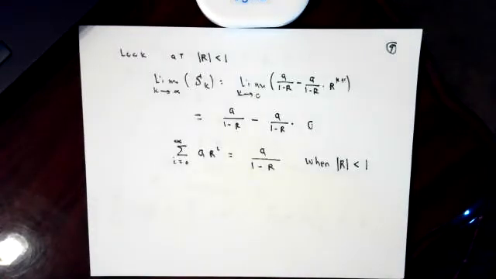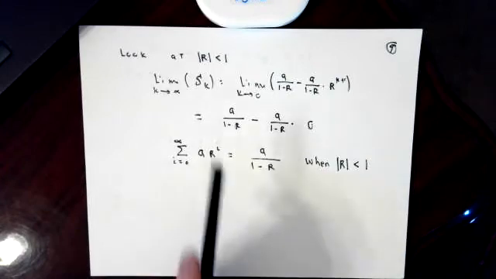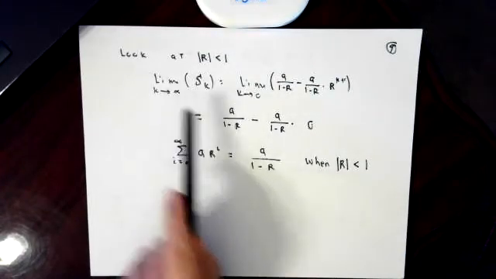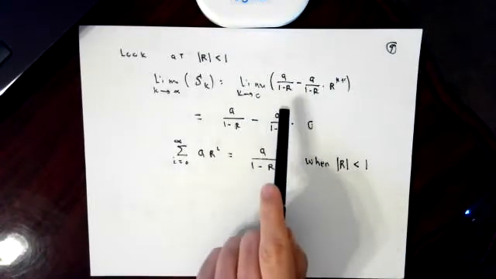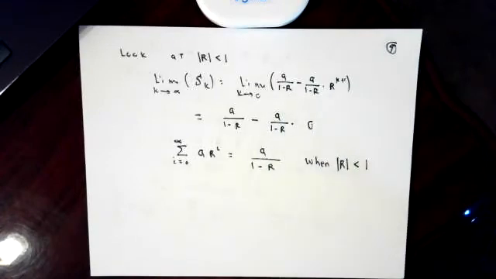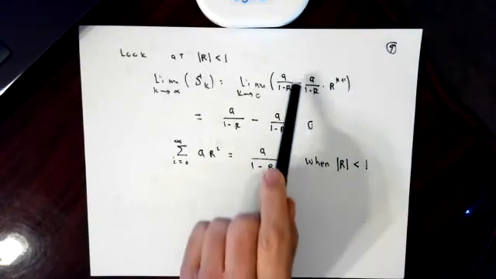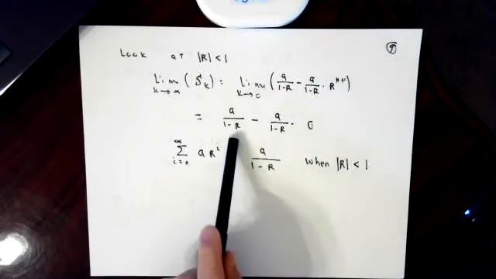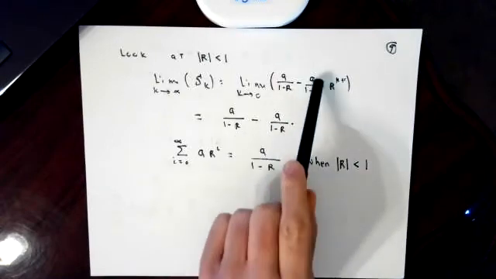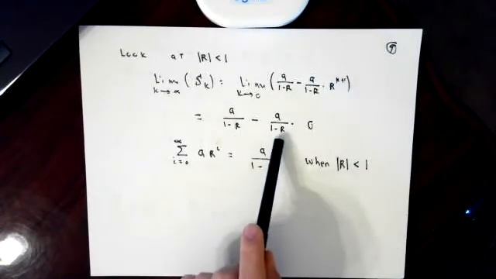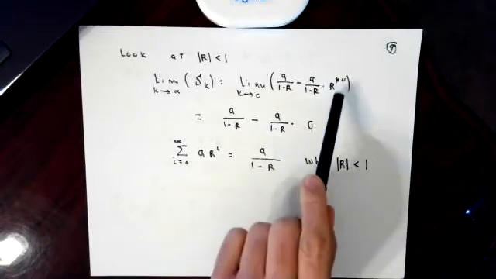For now, we're only going to look at the case where the absolute value of R is less than 1. I take the limit of the partial sums, which is the limit of the formula that we figured out for the partial sums. Minus A over 1 minus R is a constant, times R to a power.